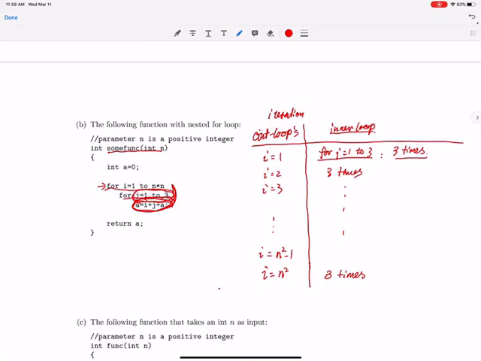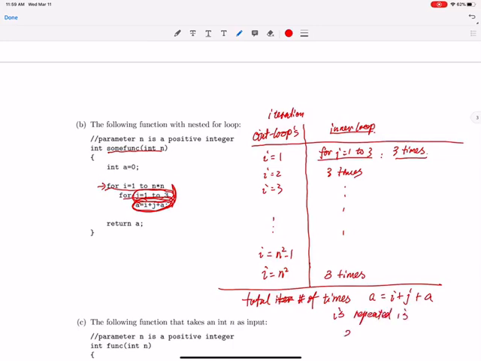So overall, the total number of times the statement in the very innermost loop is repeated is just 3 times the total number of iterations here, which is n squared.